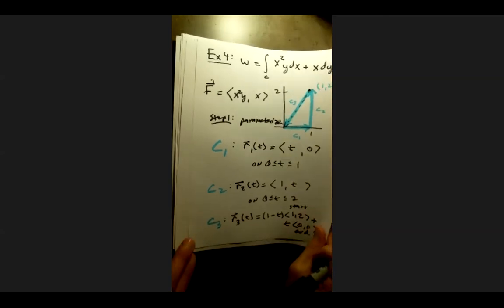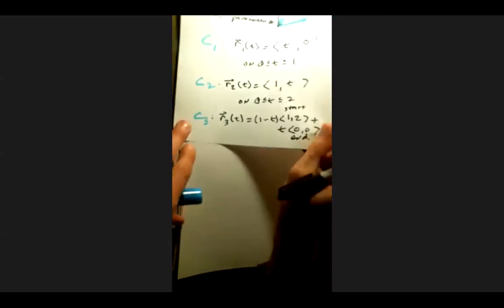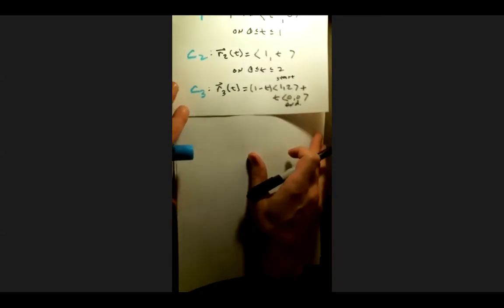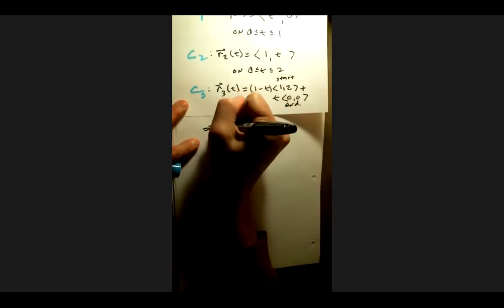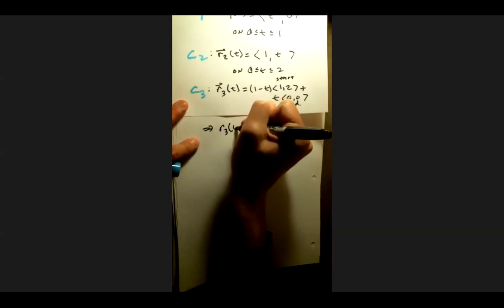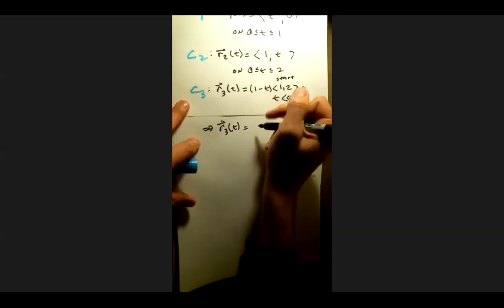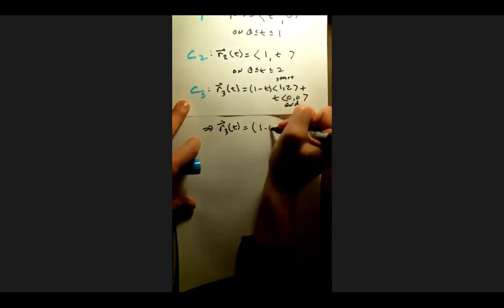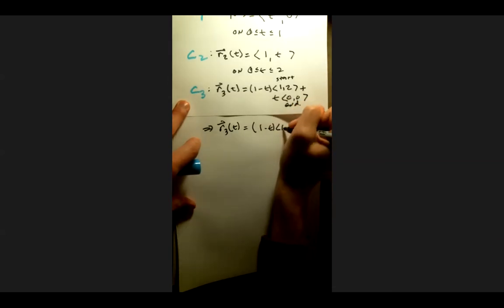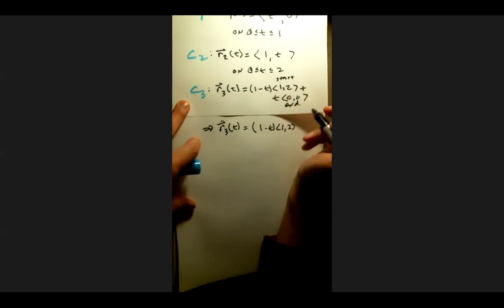Let's just clean that up a little bit to see what we've got. So we're saying that R3 equals 1 minus t times 1, 2, plus 0.